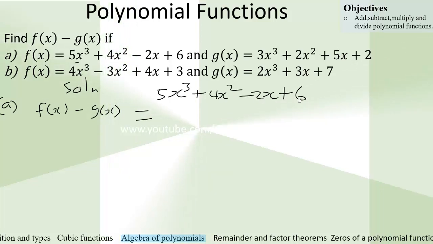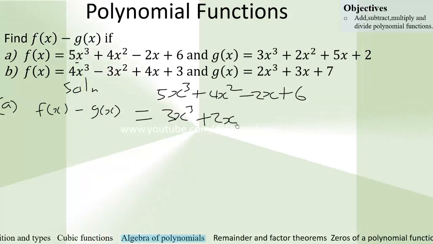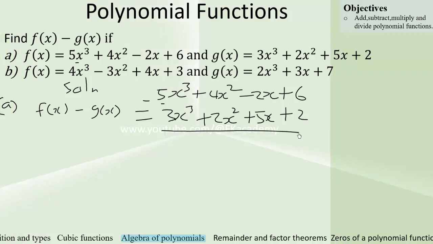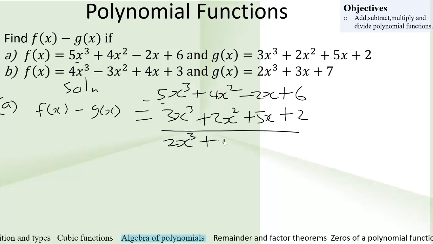Then we have g of x is 3x cubed plus 2x squared. Then we have plus 5x plus 2. So we are subtracting. So 5x cubed minus 3x cubed will be 2x cubed. Then 4x squared minus 2x squared will be plus 2x squared.